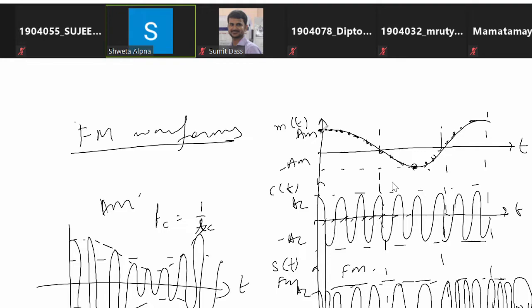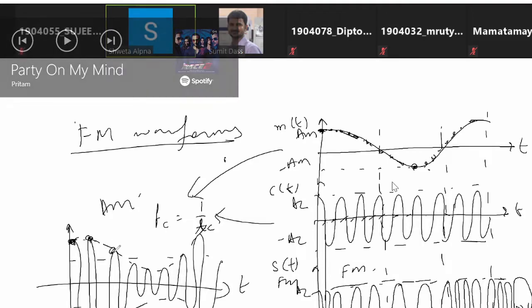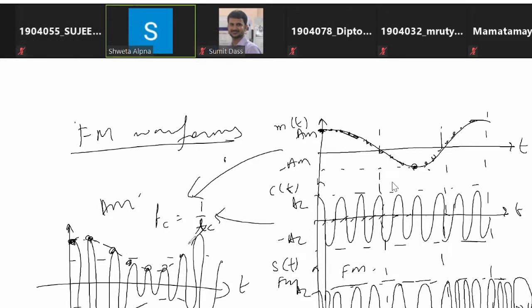If you perform amplitude modulation on the same message signal and same carrier signal, then the amplitude modulated waveform looks like this, in which the amplitude of the carrier signal has increased and decreased according to the amplitude of the message signal. Whereas if you perform frequency modulation on the same message signal and same carrier signal, the frequency of the carrier signal has increased and decreased according to the amplitudes of the message signal.